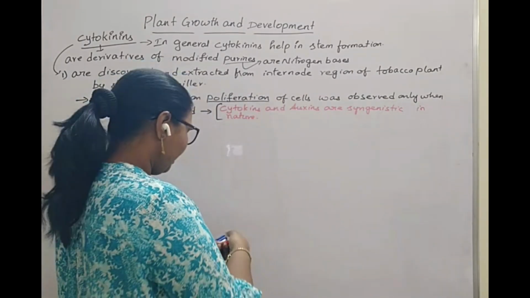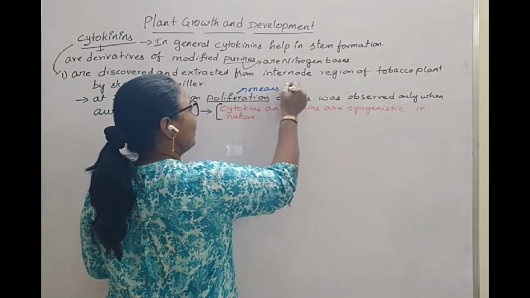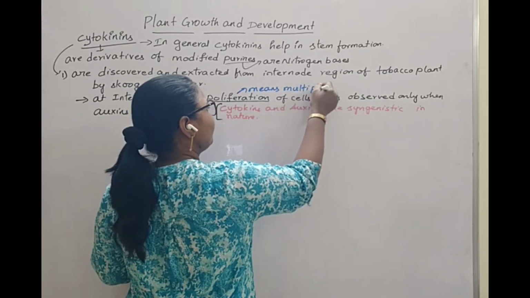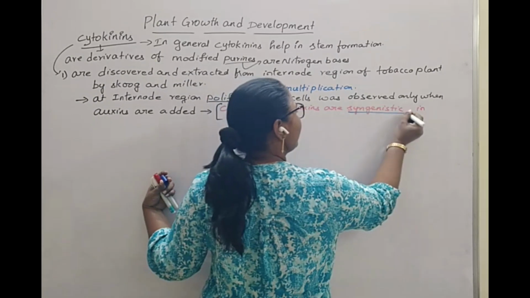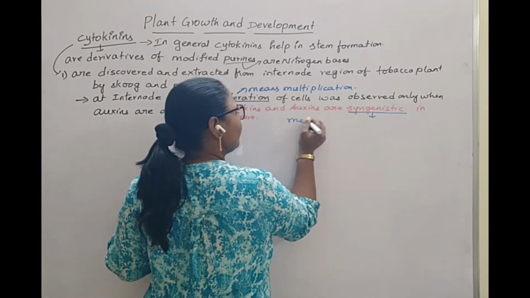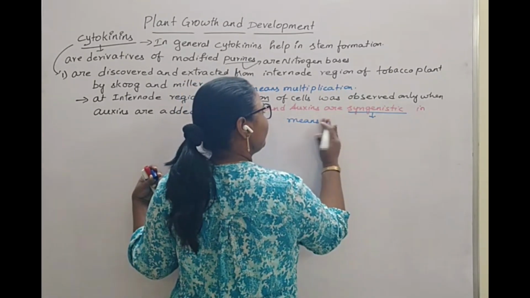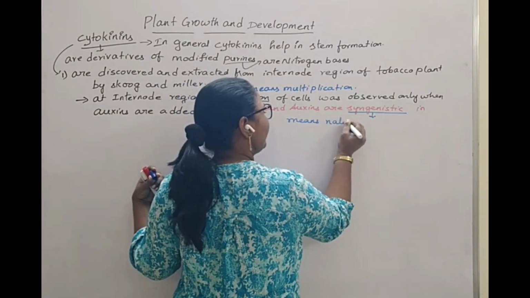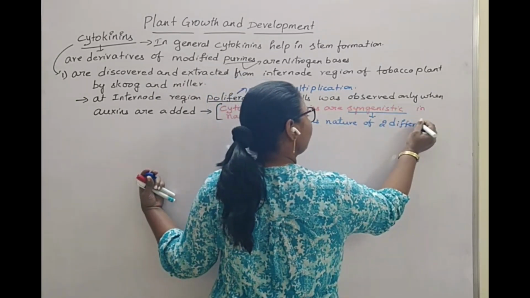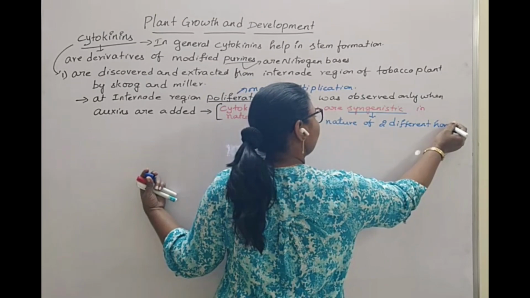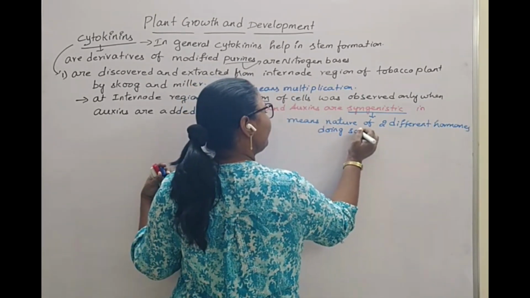Proliferation means multiplication or increasing of cell number. Synergistic means the nature of two different hormones doing the same type of function.